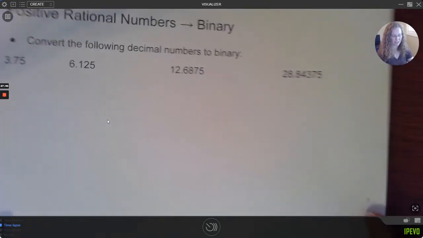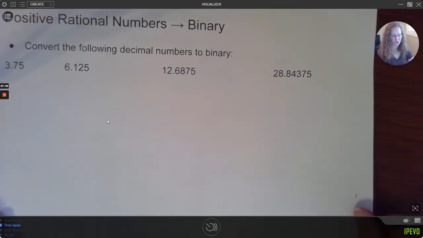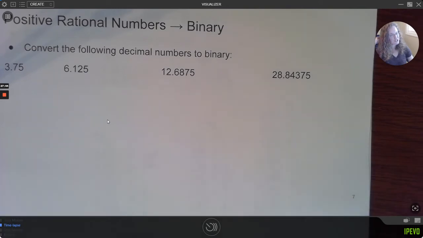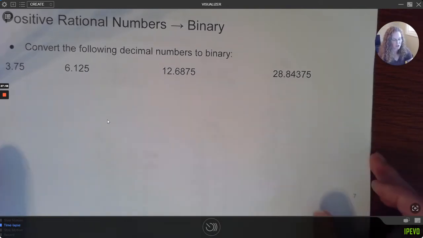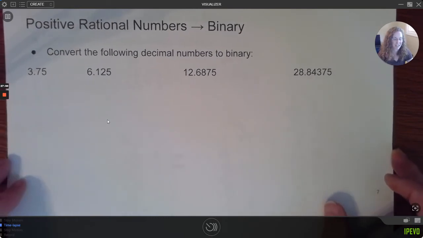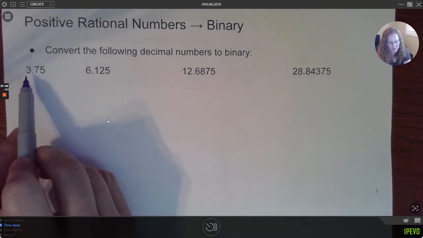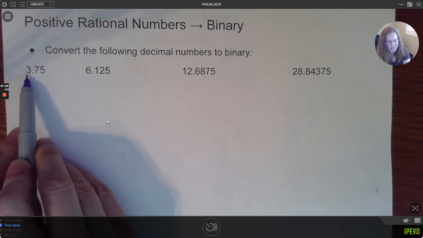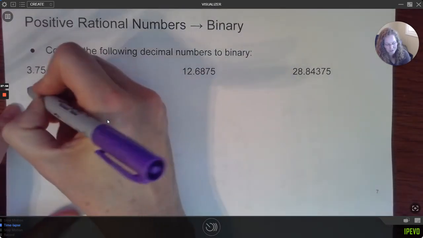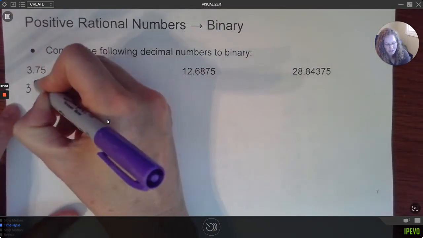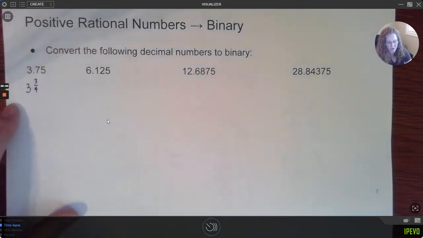Okay, but now we have the question of how you would do it with rational numbers that have decimal points in them. So let's start again and just kind of intuitively go through this one. So we have 3.75. If I write that as a fraction, that would be 3 3/4, right?